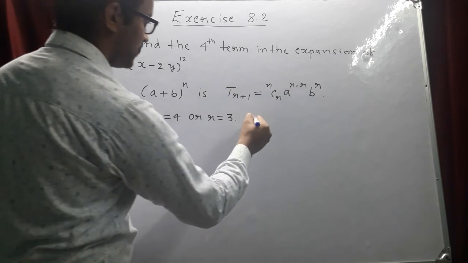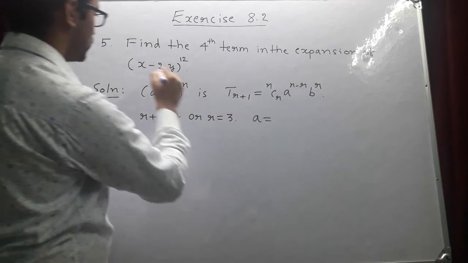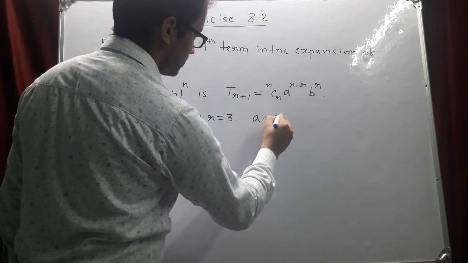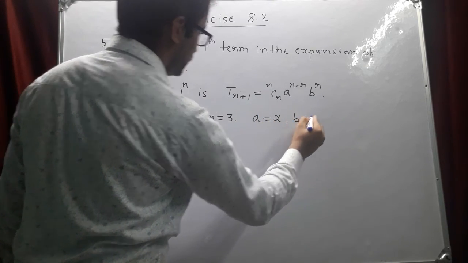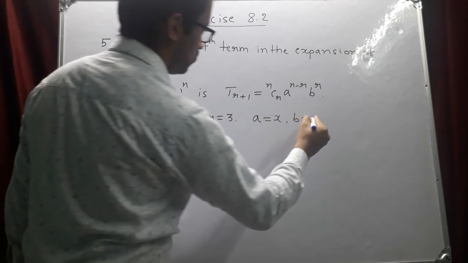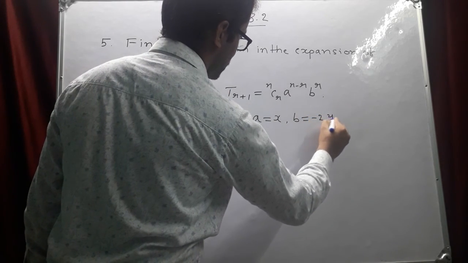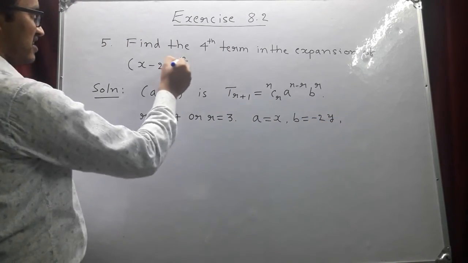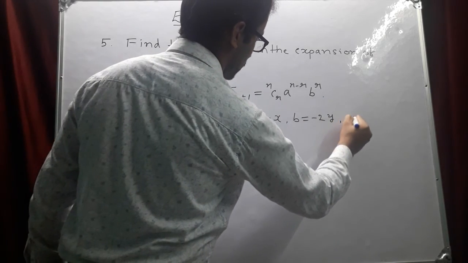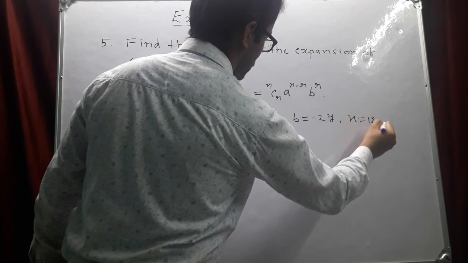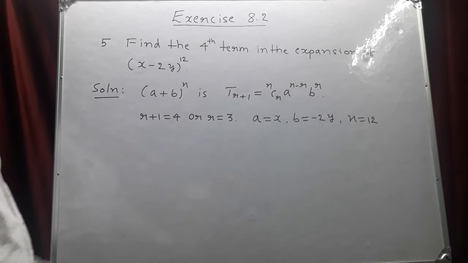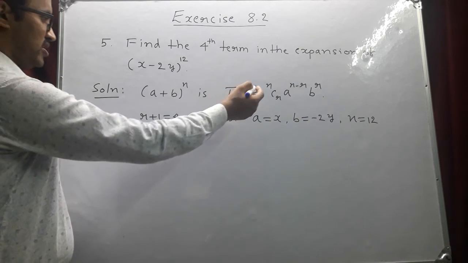Again, a is equal to x, b is equal to −2y, and n value, the index, is 12. Substitute these values in the general formula.